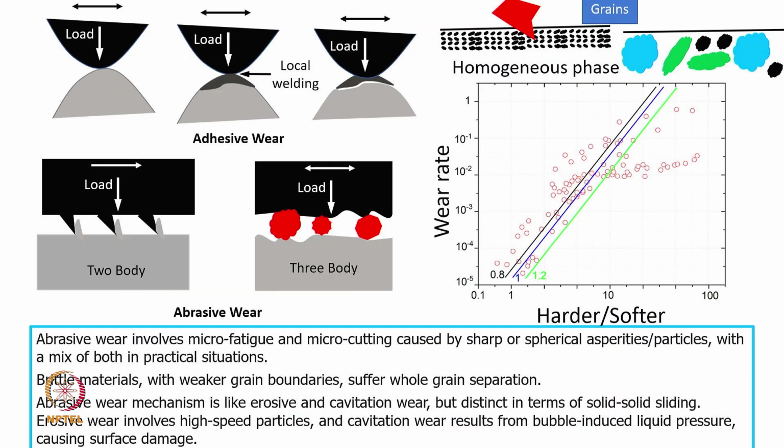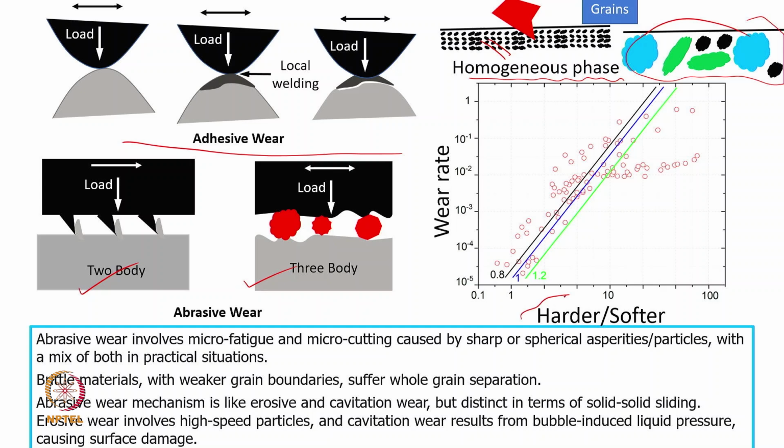Now if I try to summarize all this, we have already learned the adhesive wear, which is easier. Coming to the abrasive wear, two body abrasion we covered, three body abrasion we covered. And we also said that in ceramics, a homogeneous phase is always preferable compared to a heterogeneous phase, because they will have many more grain boundaries, and then abrasive wear will be more damaging.